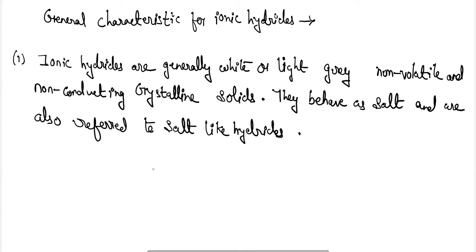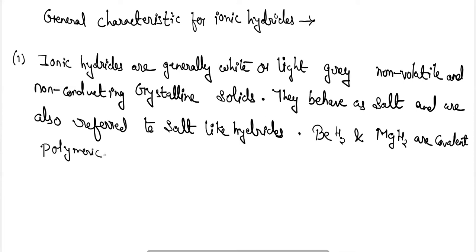However, we will see that beryllium hydride and magnesium hydride are not ionic, they are covalent, and in the covalent form they are polymeric. They have polymeric structures. So both of these, beryllium hydride and magnesium hydride, cannot be considered ionic hydrides. They have covalent nature.